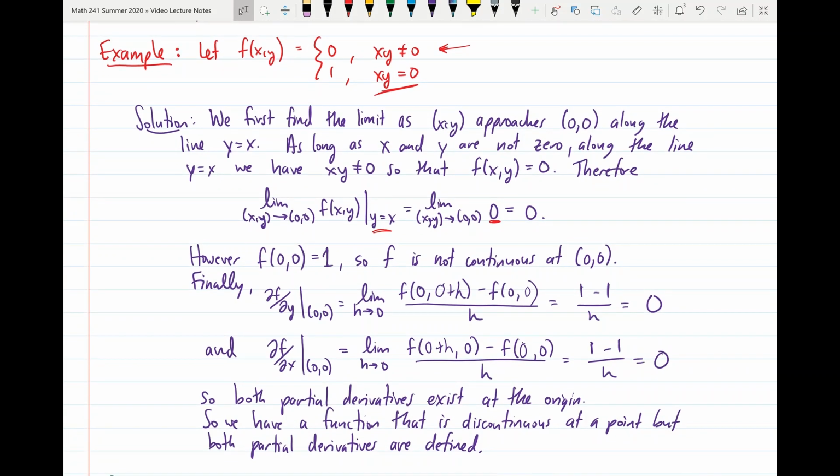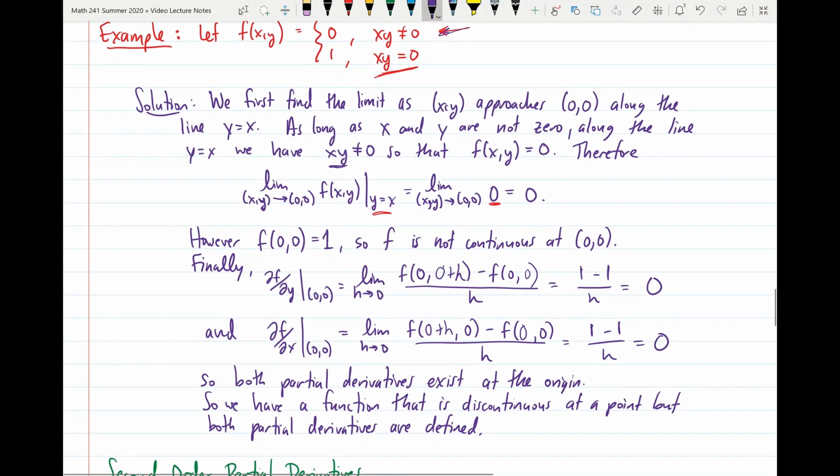To do so, we're going to find the limit as (x, y) approaches the origin along the line y equals x. If we're working on the line y equals x, then as long as x and y are not equal to 0, we have that x times y is not equal to 0, so our function evaluated at the points on the line is equal to 0, because that is the condition given up here for our function.